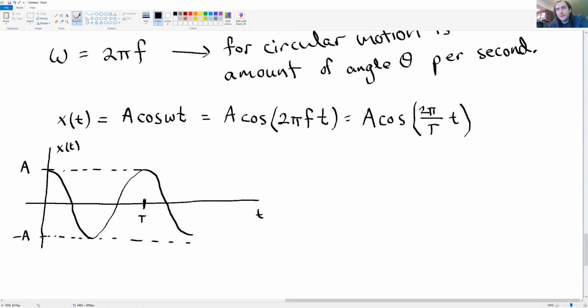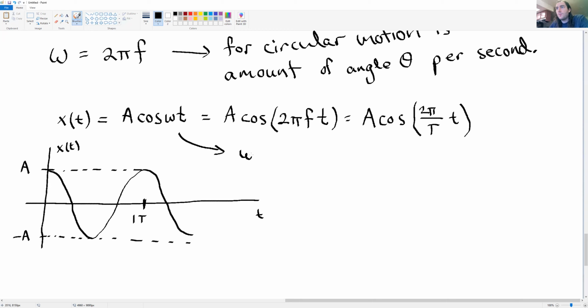That's one period. To find the period, you have to look at this equation with omega, because this is going to repeat every time the argument reaches 2 pi. Cosine at 0 is 1, at cosine of 2 pi it's plus 1 again, and at cosine of 4 pi it's plus 1 again. So every 2 pi is the repetition.